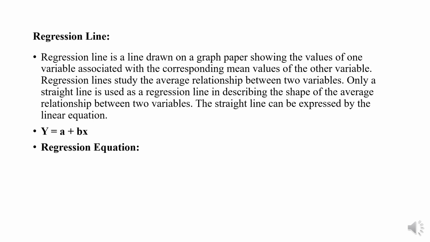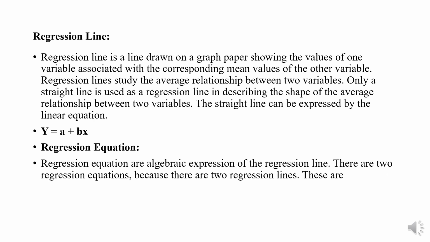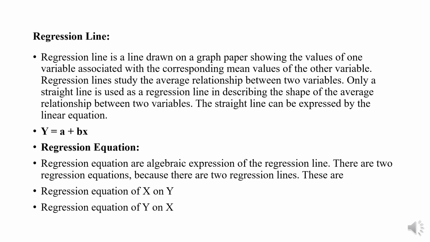So what is a regression equation? Regression equations are algebraic expressions of the regression lines. So there are two regression equations because there are two regression lines. There is the regression equation of x on y and the regression equation of y on x.